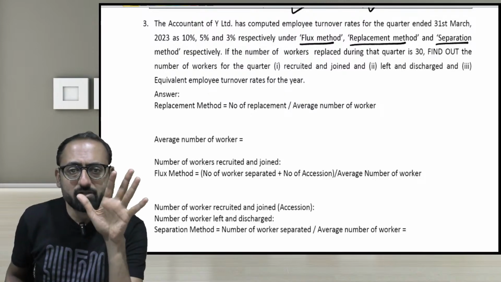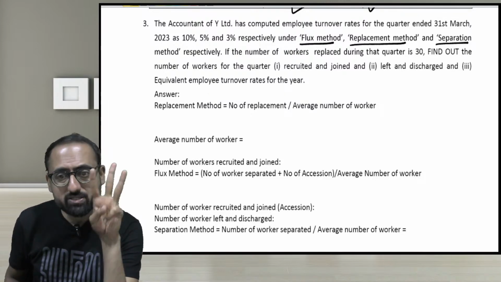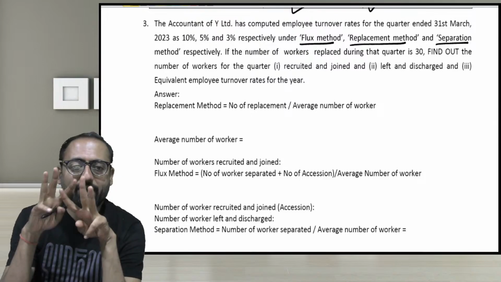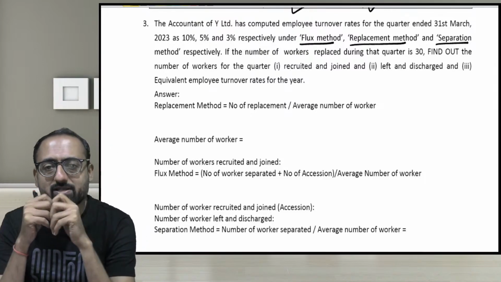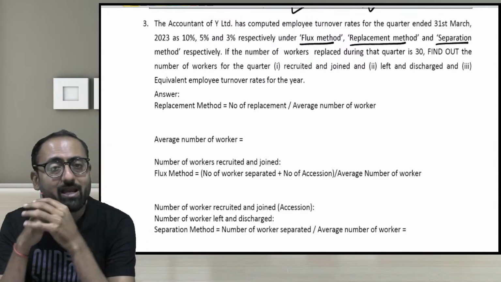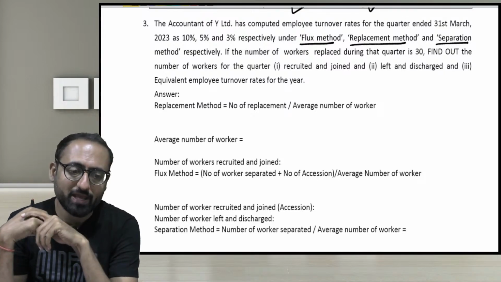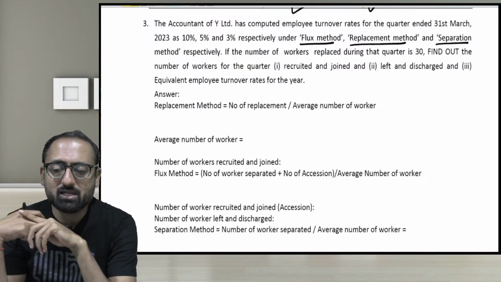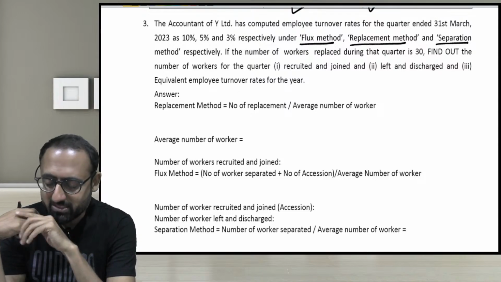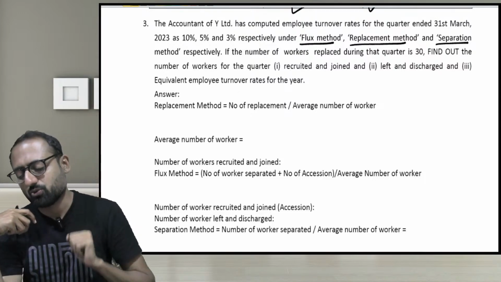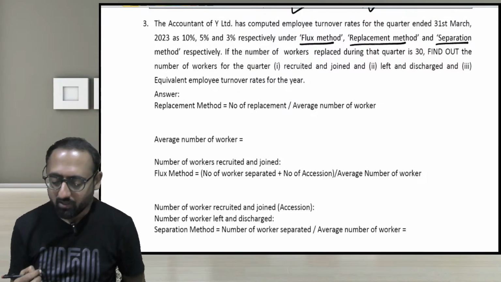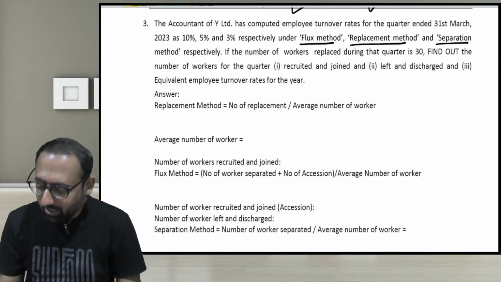The replacement is 5%. Separation is 3%. So 5 plus 3 is equal to 8%. But flux method is given 10%. So the remaining 2% will be new recruitment for expansion. Absolutely correct answer from online student.